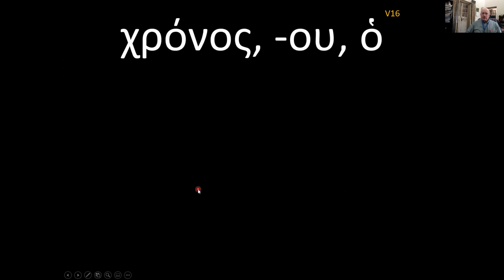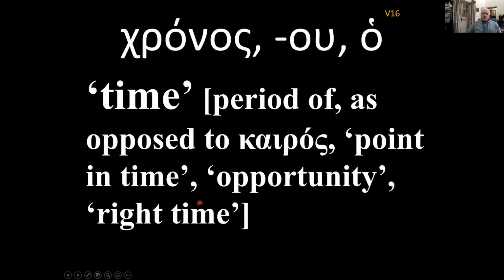Chronos is also a masculine second declension noun like logos. Chronos means time. Not the same usually in meaning as the word kairos, which is the opportunity. Grasp, seize the opportunity would be kairos. Taking time, chronos would mean actually literal time.